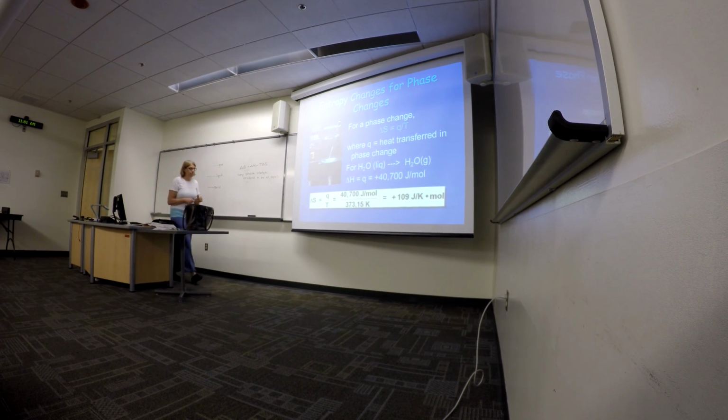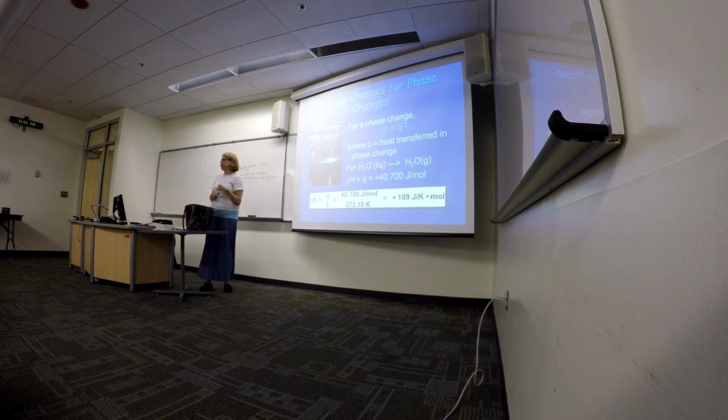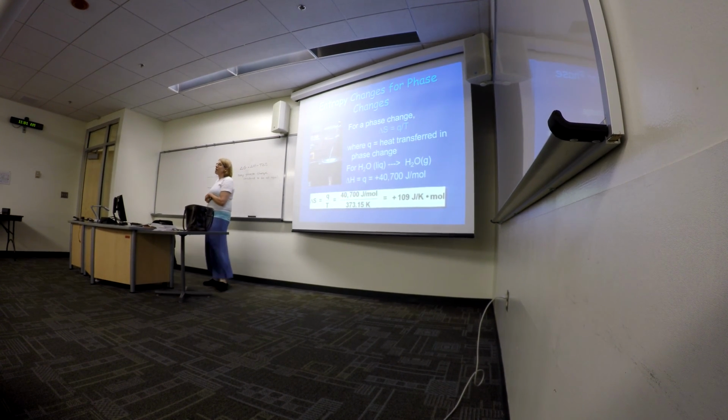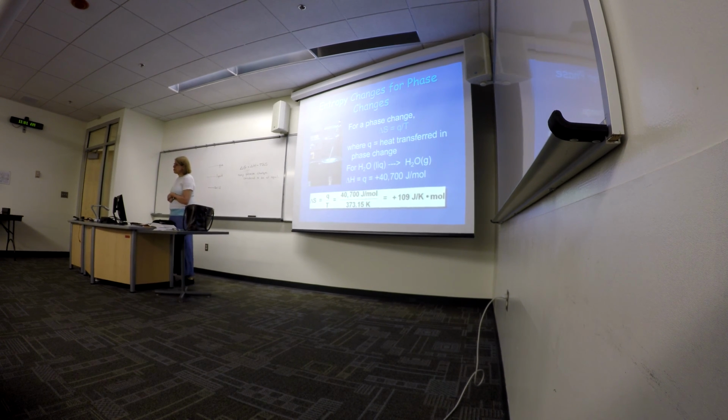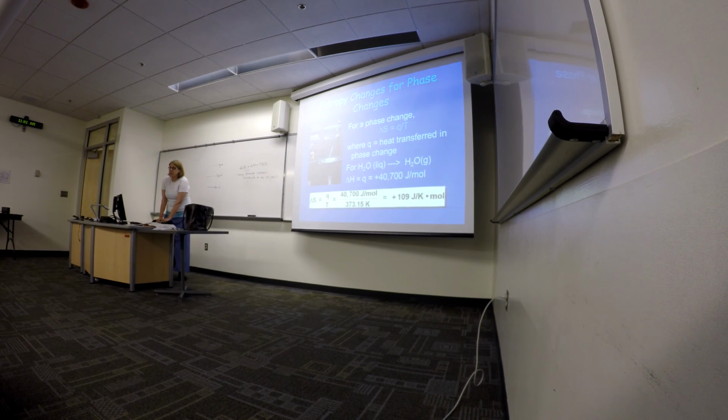The temperature where liquid goes to gas is 100 degrees Celsius, right? That's the boiling point for water. And then we have to use Kelvin, right? Because we have to agree with our entropy values. So 100 plus 273.15, that's where we got the temperature. Remember, the temperature has to be in Kelvin, okay?